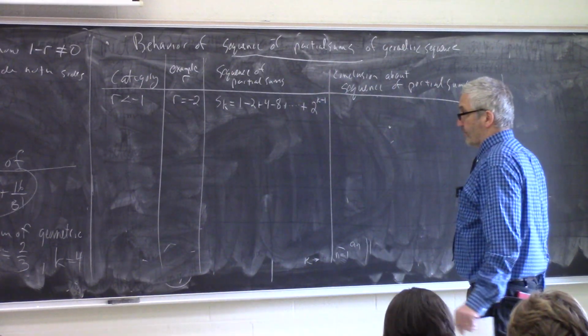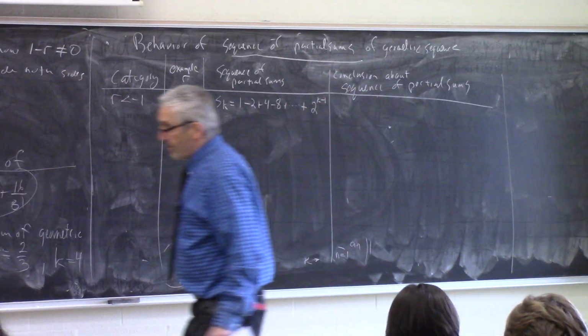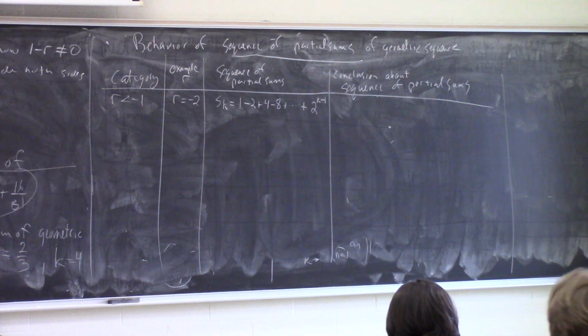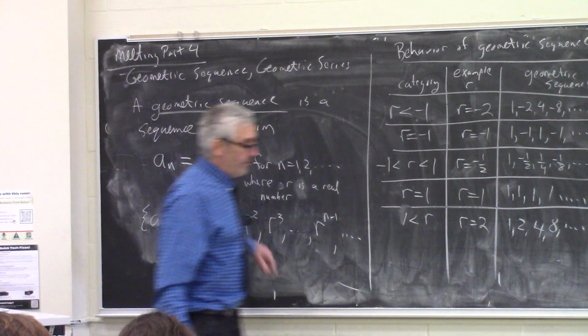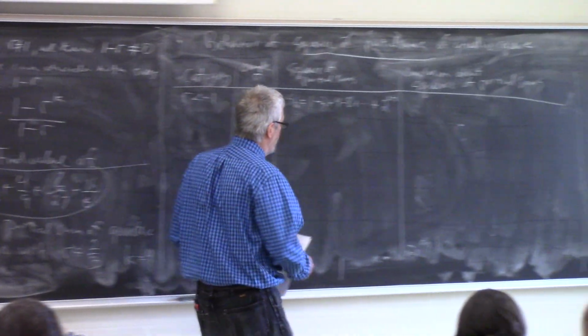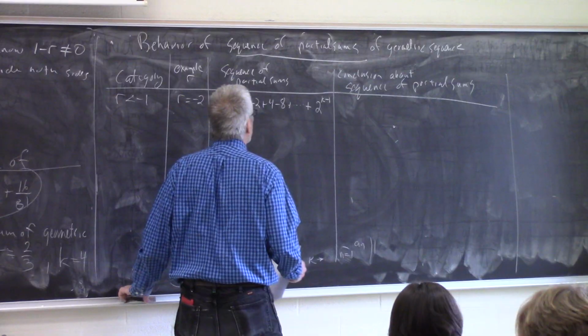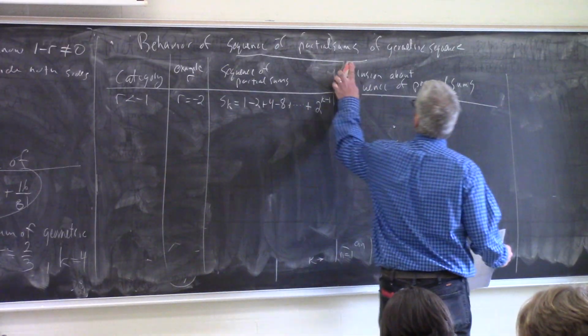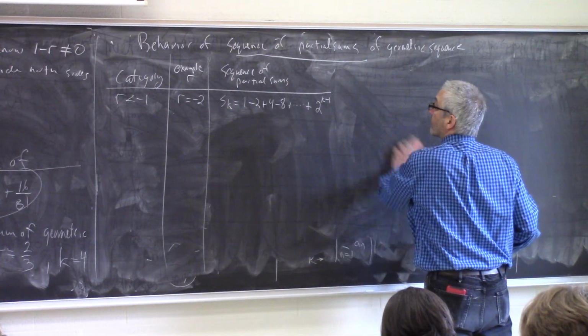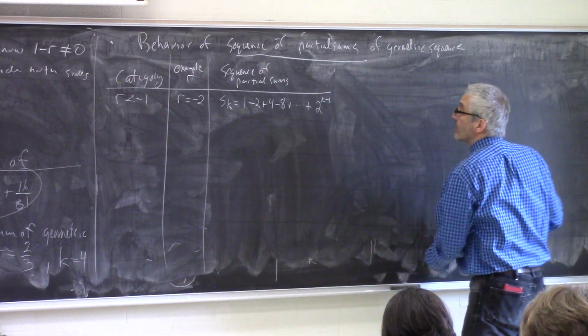Because remember the terms in that geometric sequence, a subscript n is r to the n minus 1, a subscript k is r to the k minus 1. So this partial sum ends with that term. And after taking all the time to write that, I want to write down what we know about this formula.